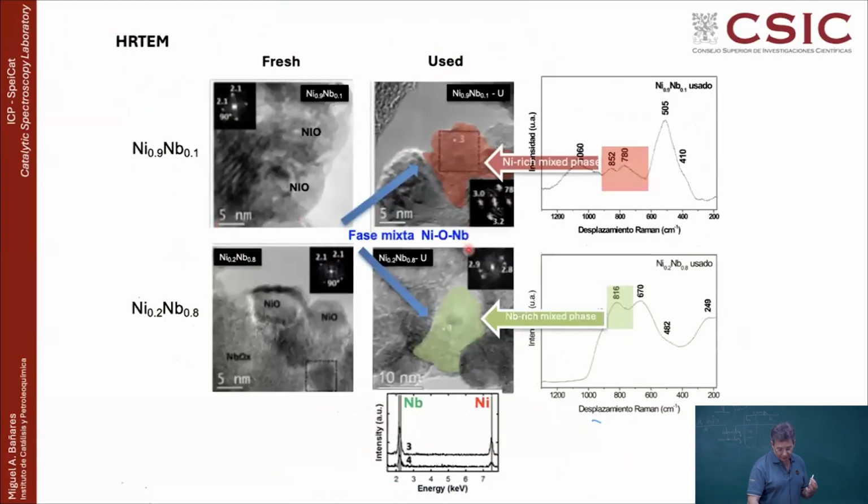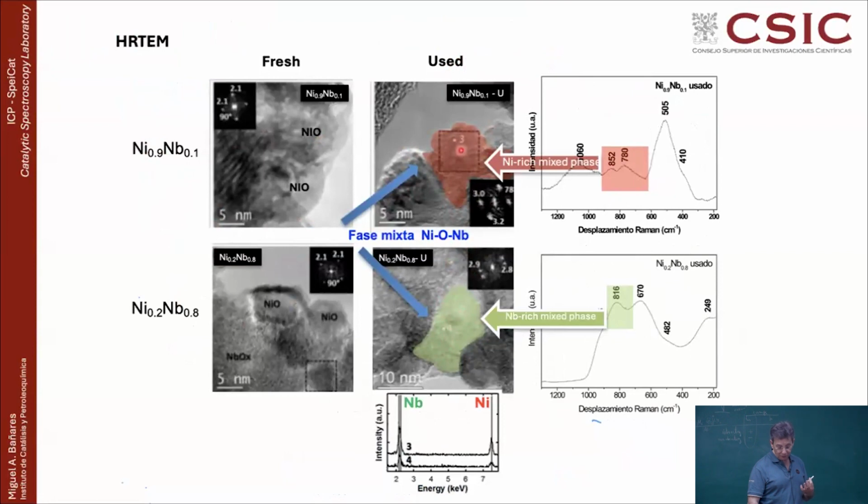Even if you go and use high resolution transmission electron microscopy, you can make electron diffraction in small areas. And by electron diffraction, you can determine what crystalline phase you have. And then you can also observe that depending on the catalyst composition, like 10% niobium or 80% niobium, when you look at the mixed nickel niobium phase, the atomic composition is very different.